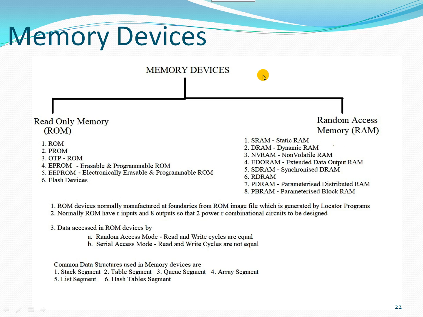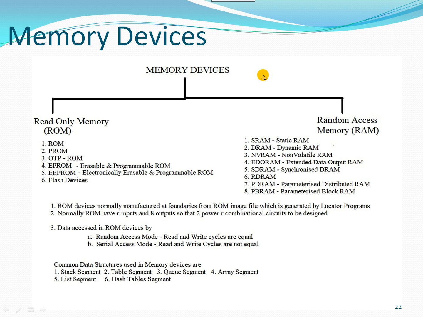So memory devices can be broadly classified into two types. One is ROM, that is read-only memory. Another one is RAM, that is random access memory. From the name itself we can come to know that the read-only memories are going to be the program memories, where once we program, we should not change those programs.